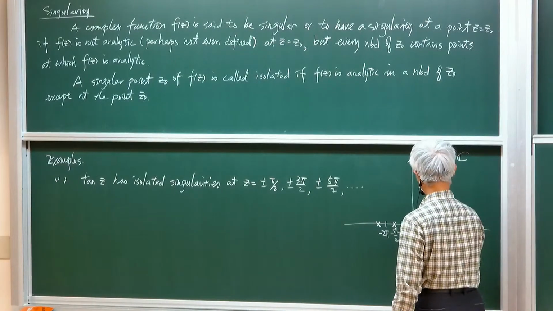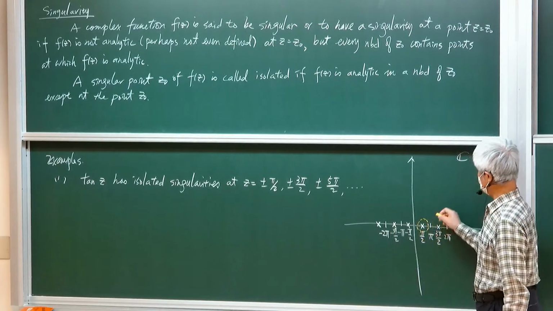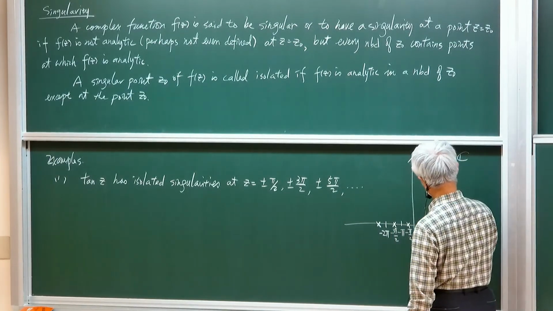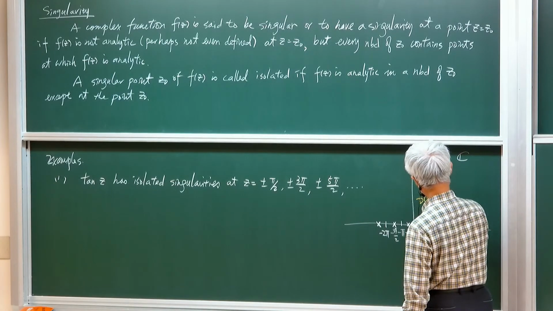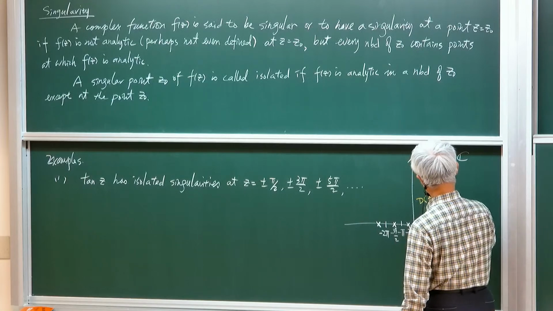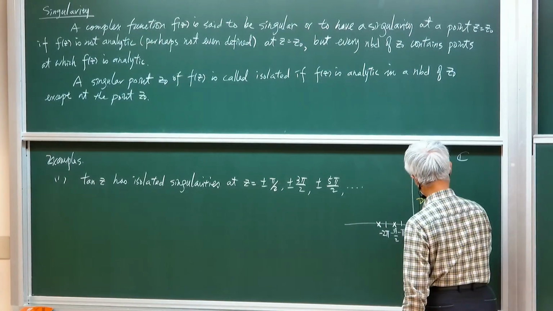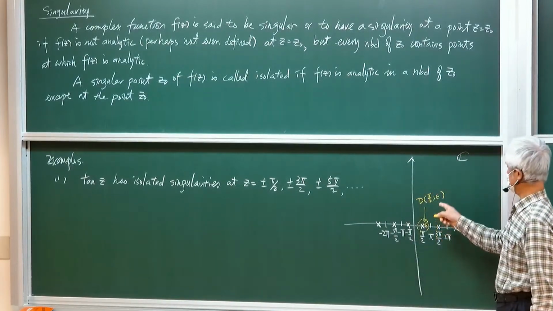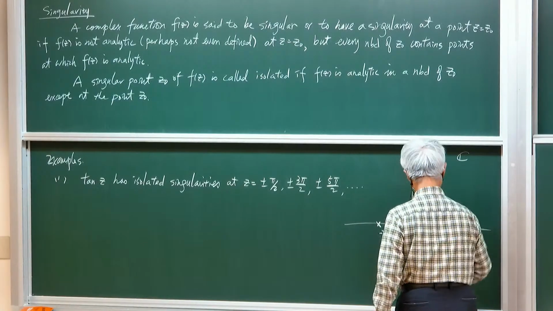So for here, you can find a neighborhood. This is the disk around pi over 2 with radius epsilon.